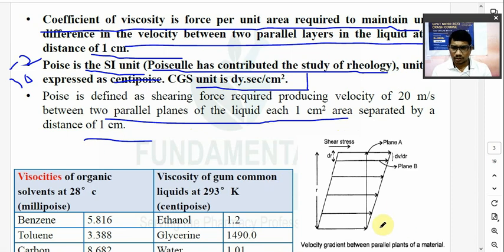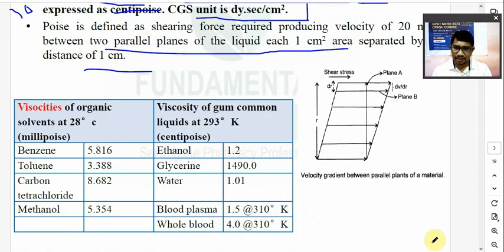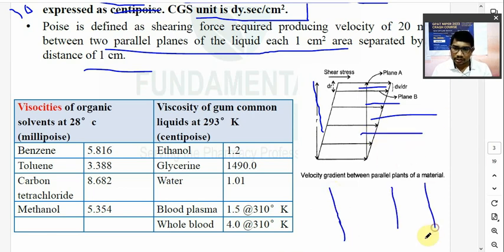Now liquid may be considered as made from different layers. Suppose this one is the first layer, this one is the original liquid. If you apply a stress, the liquid is considered as made from different layers. In a liquid, it is considered that this is one plane, this is another plane, this is plane C, plane D, plane E. Suppose initially it is like this.